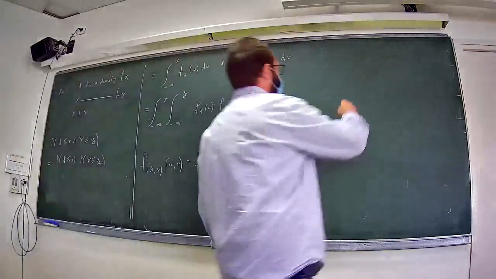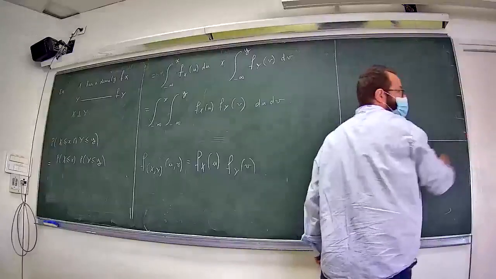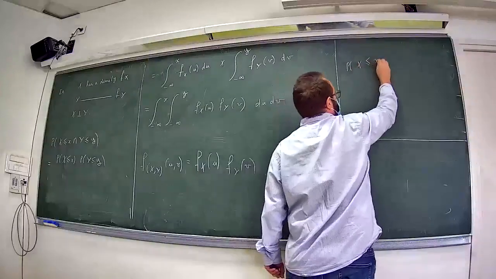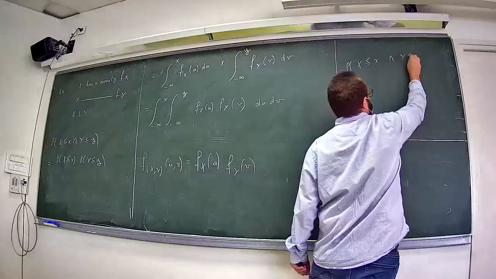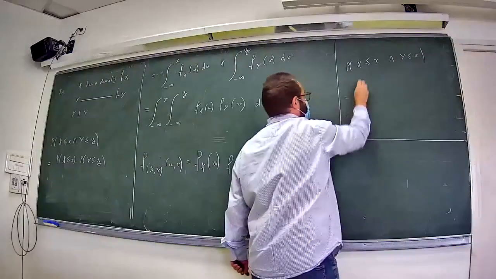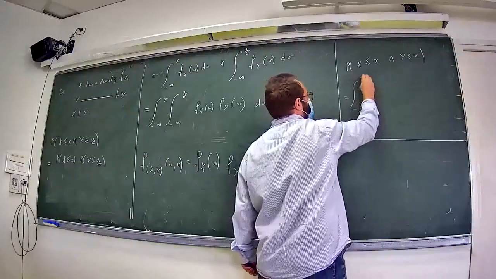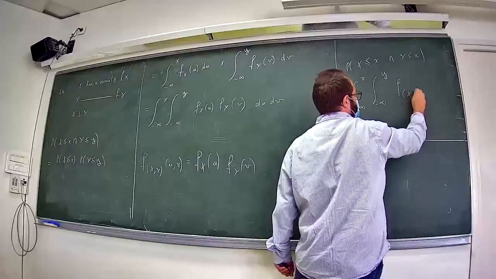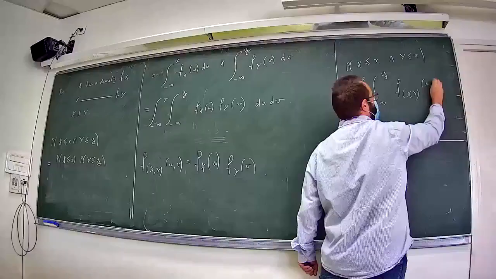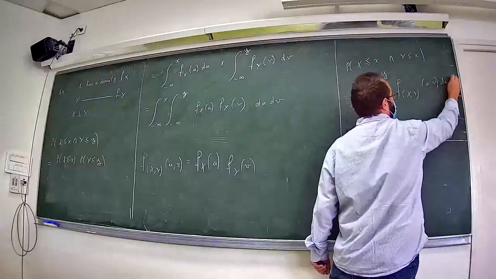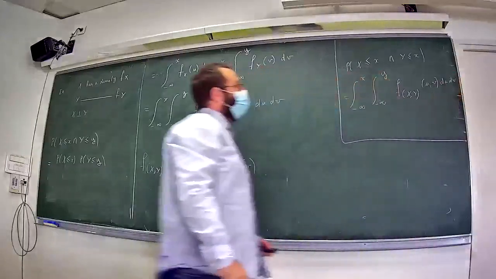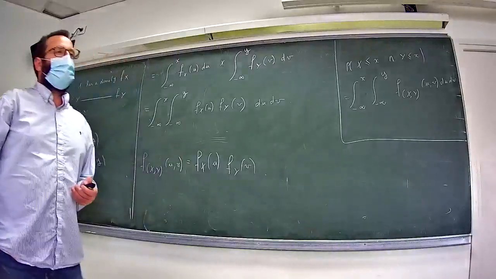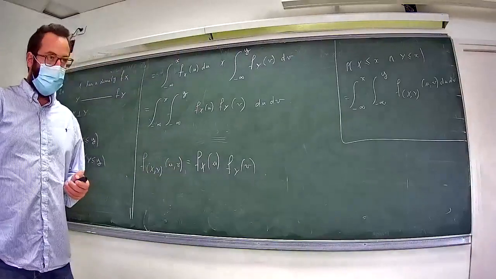So I just copy here the definition: having a density function is just the fact that I am able to express this quantity using a double integral of a mapping that I call f_XY, doing the integral in the order I want.